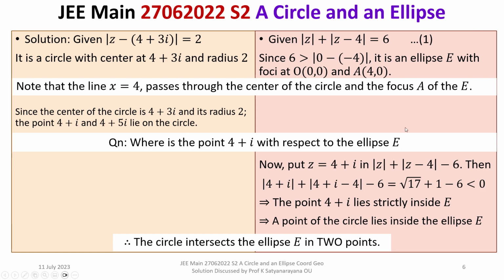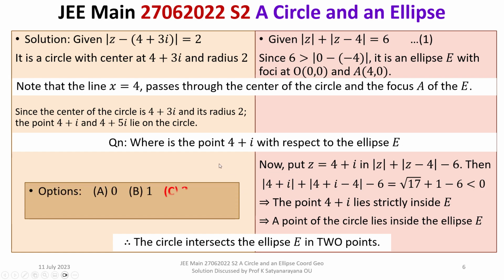So in total the circle intersects the ellipse E in 2 points. That is our answer. Looking at our options, 2 appears next to option C. Therefore, the answer to this question is option C.